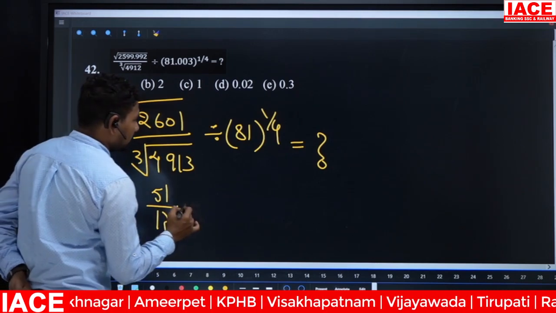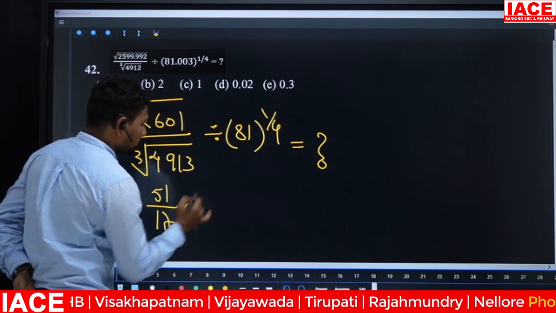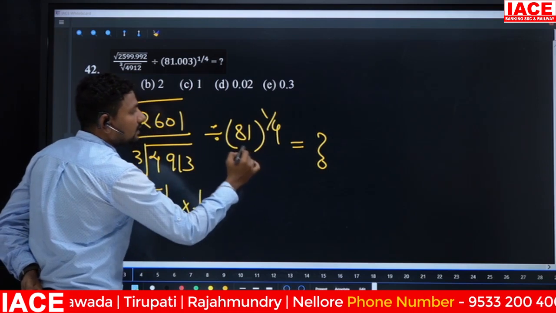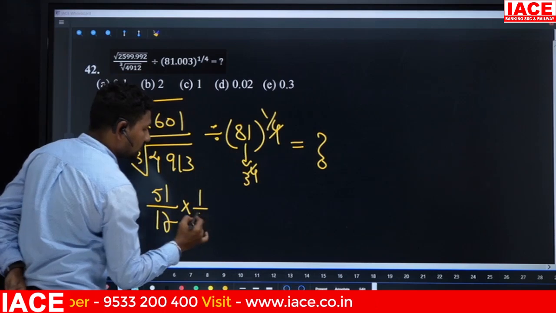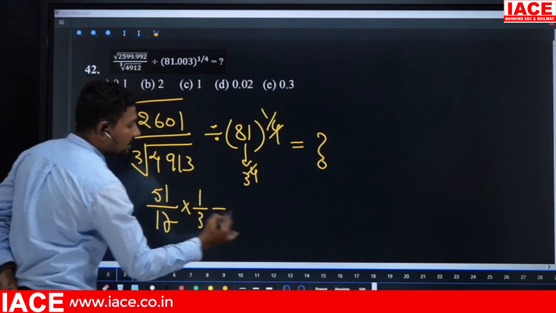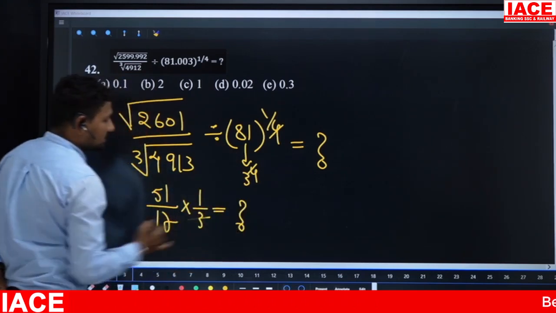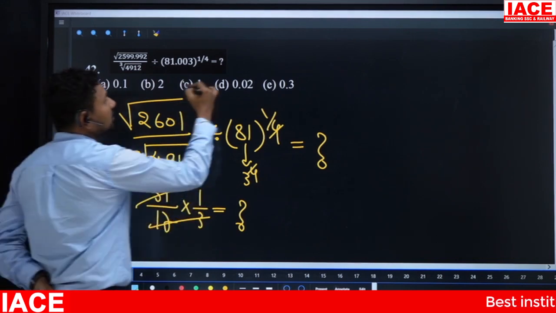Cube value divided, we can write 3 to the power of 4. This 4 will be cancelled, it is only 3, that is why we are writing 1 by 3 for the question mark. 17 threes are 51, only 1 is left, then our option is C.